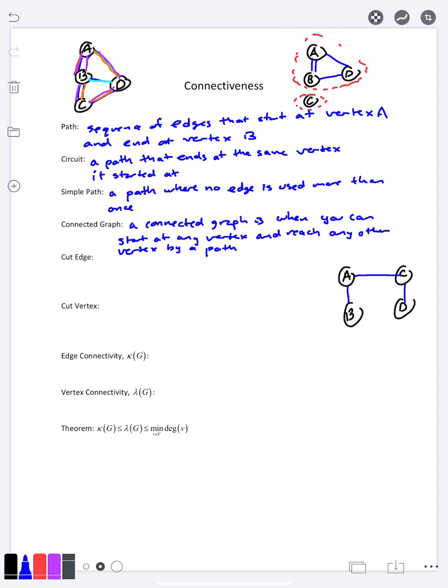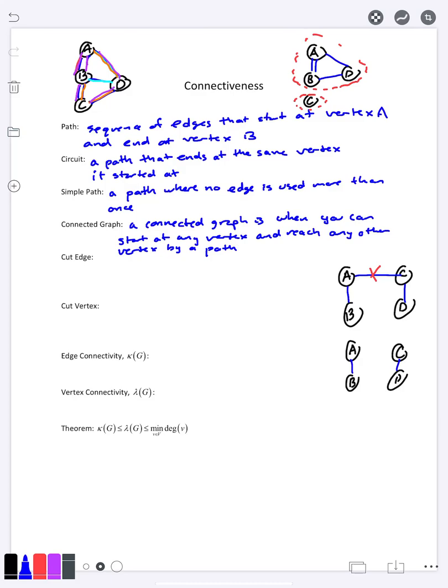You can get from anywhere to anywhere else by a path. However, if you were to cross out this edge right here, then your graph would change. And you could no longer get from A to C or A to D or C to A, C to B, all those different combinations.